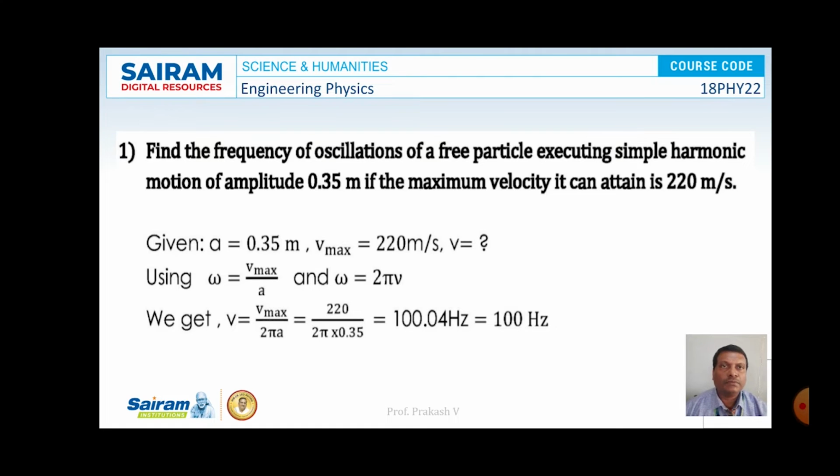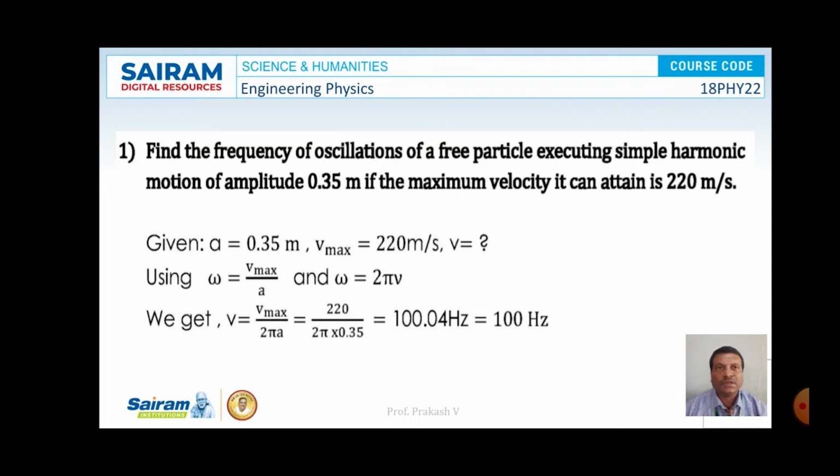The first problem is: find the frequency of oscillations of a free particle executing simple harmonic motion of amplitude 0.35 meter, if the maximum velocity it can attain is 220 meter per second.